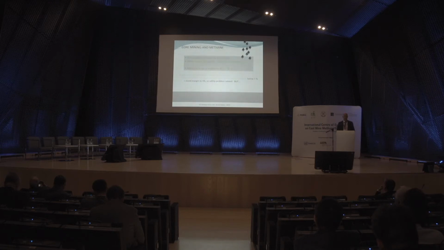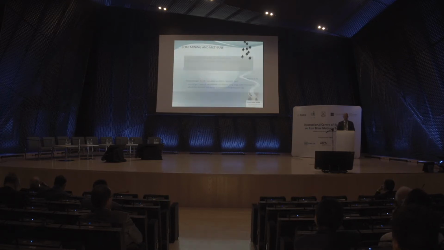So you've solved the safety problem by reducing the concentration below 5%, but you have very large flows with ventilation, and that means very large total emissions. And since we found out that methane is a greenhouse gas, that is a problem.